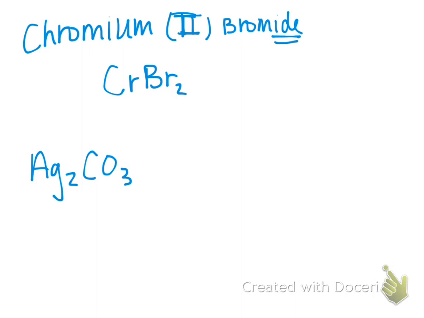CrBr2. Agreed? Yeah, good. Chromium was a +2, which is what our Roman numeral tells us. Bromide was just Br -1. All right, very good. Alexia, what did you have on the second one?